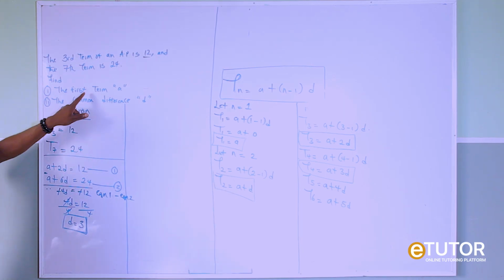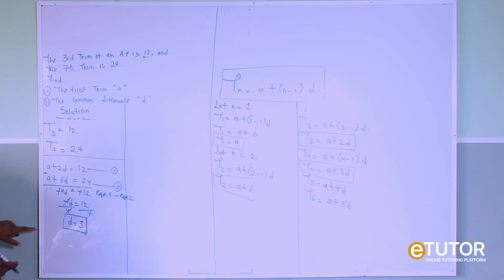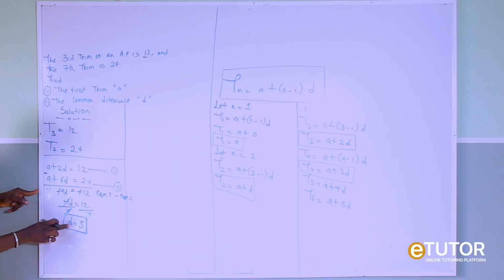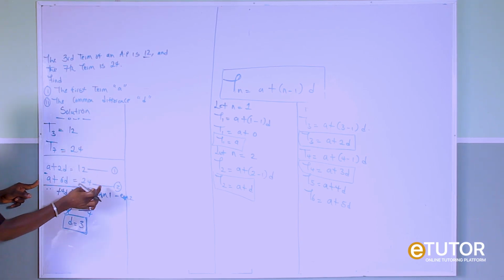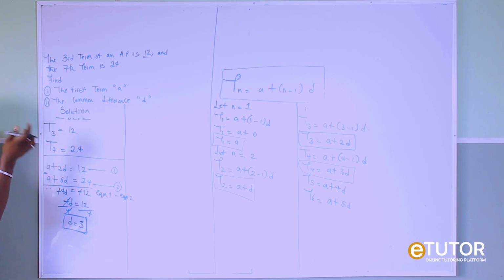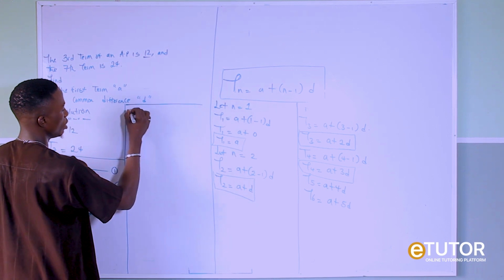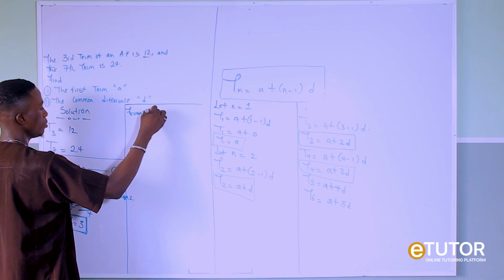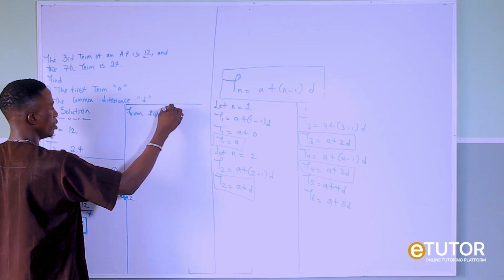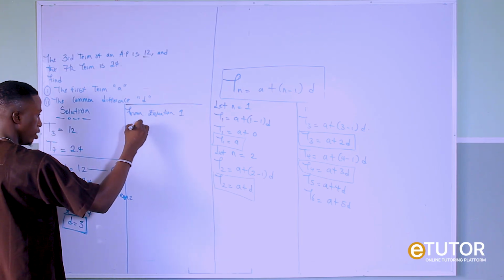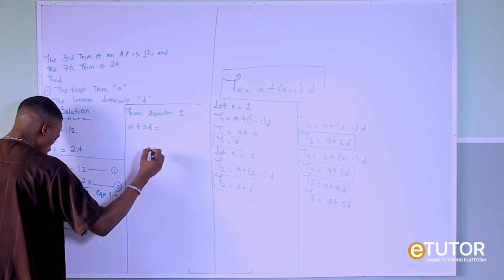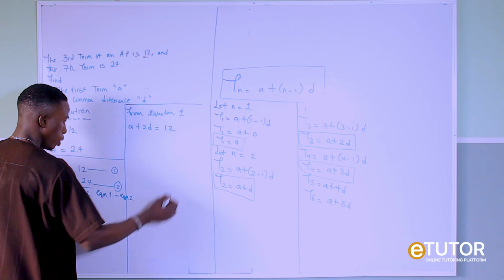But we are also told to find the first term. After you have gotten the common difference, you can substitute its value into any of the equations you have. You can put it in equation 1 or equation 2. Let's put it in equation 1. Equation 1 states that a plus 2d equals 12.